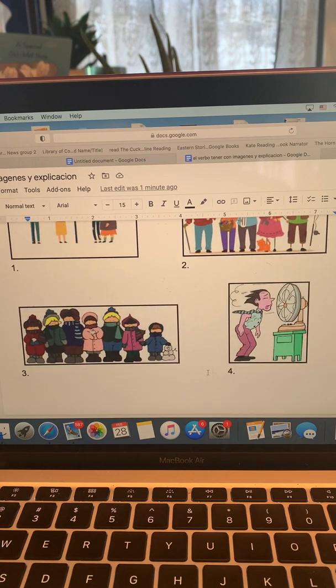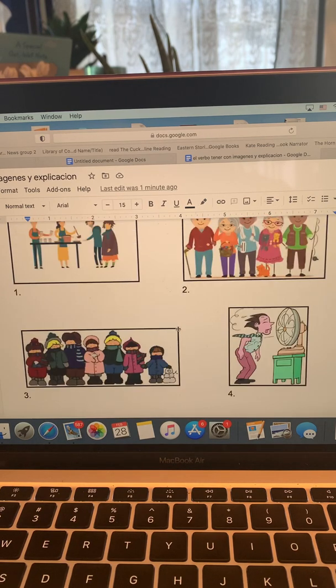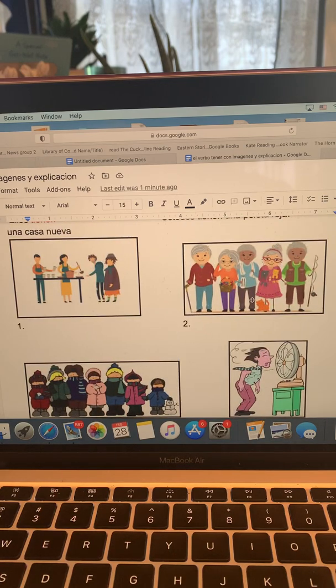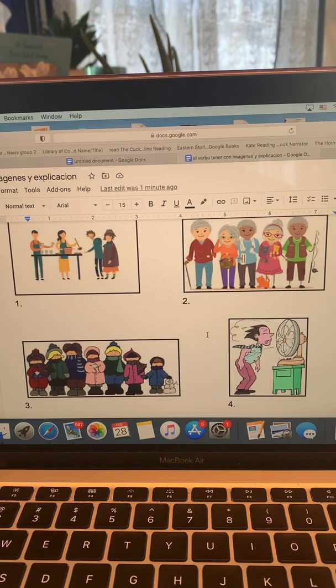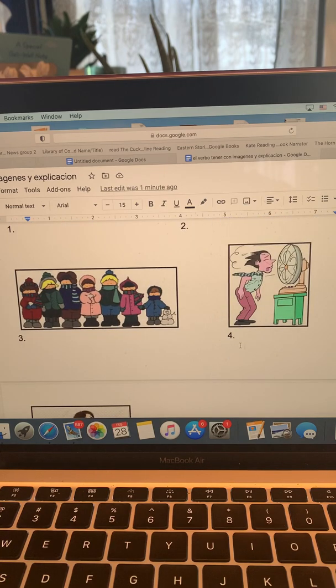Okay? So here you have, I see more than one person, the same with the example, the image above. Okay, you can use ellos, you can use ustedes, or you can use vosotros. Look at the image number 3 is also plural because it's more than one person.